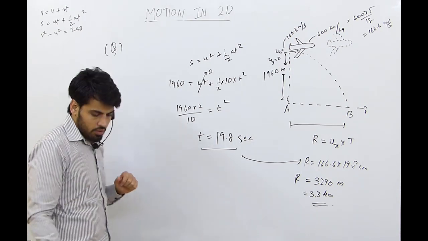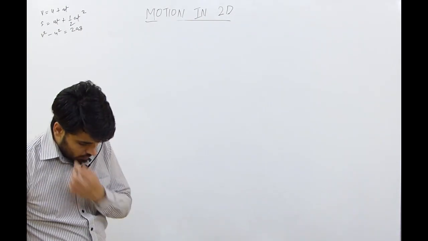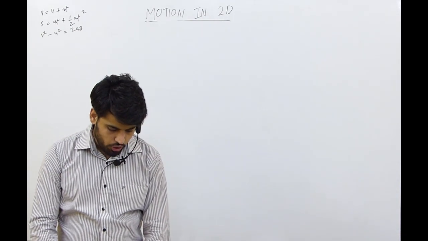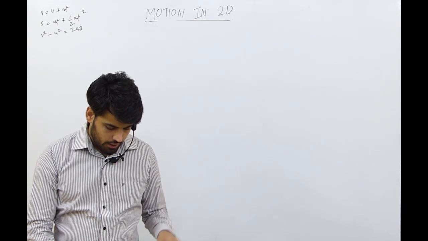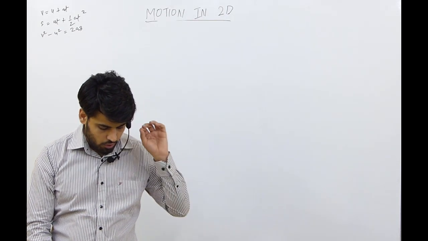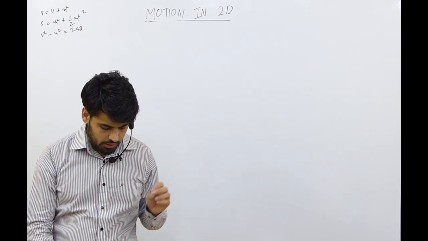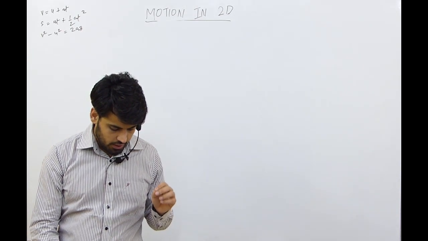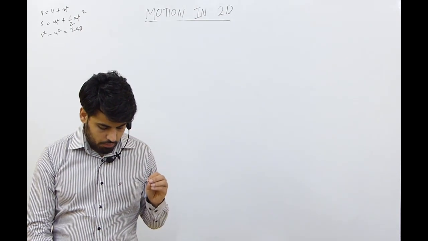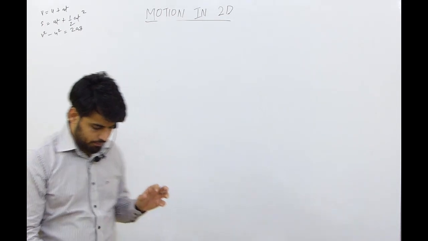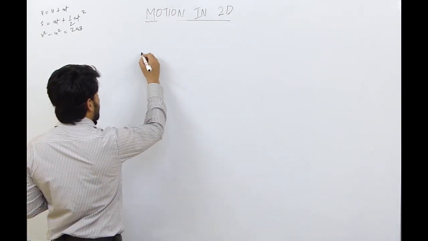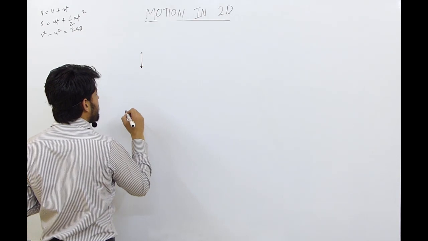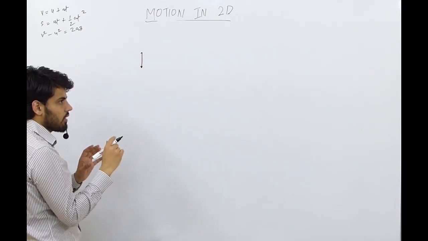Next, one more question is there. A particle is dropped from a height. Another particle is thrown in a horizontal direction with a speed of 5 meter per second from the same height. Do both particles reach the ground at the same time? See, one particle is just dropped, which we have already discussed.